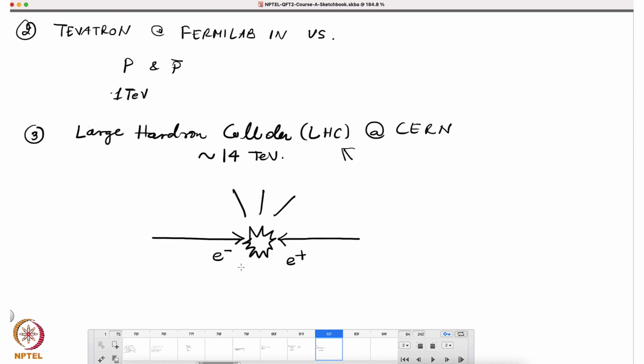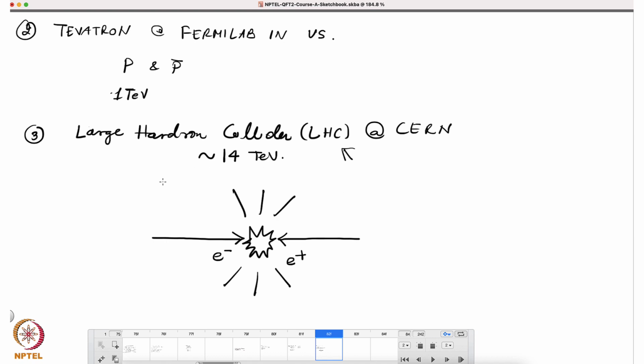Now, remember, we are going to produce not just electrons and positrons in the final state. See, typically, let us say you have two bricks, you collide them, the fragments that you get are also of the same thing, right? They are also parts of the brick. You have not produced coal out of this collision.